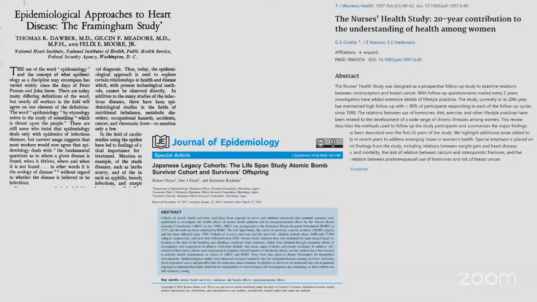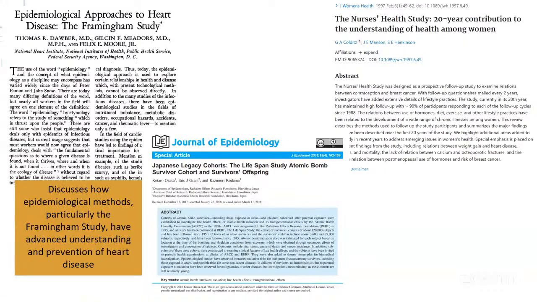Now, these are the examples of prospective, retrospective, and ambidirectional. For the prospective example, I have taken the example of the Framingham study, which was a landmark study conducted using an epidemiological method. Before this study, heart disease was not known to have any risk factors.